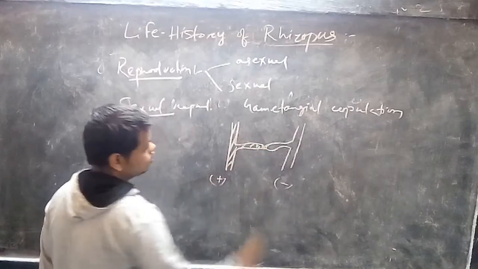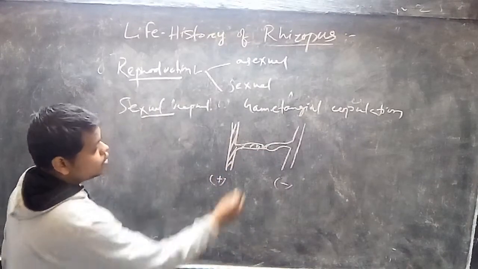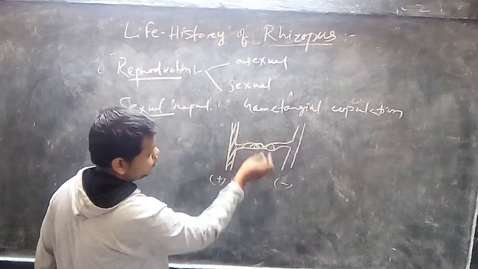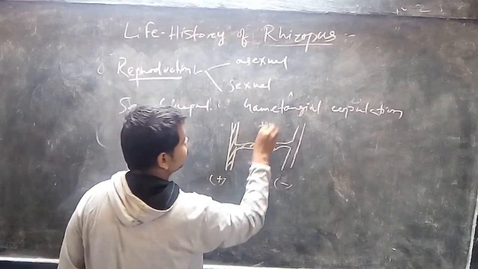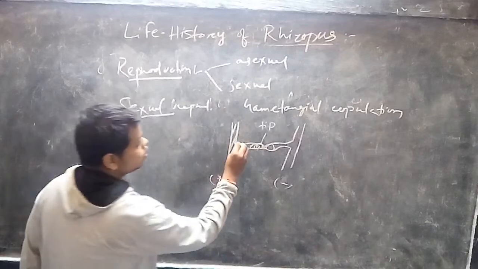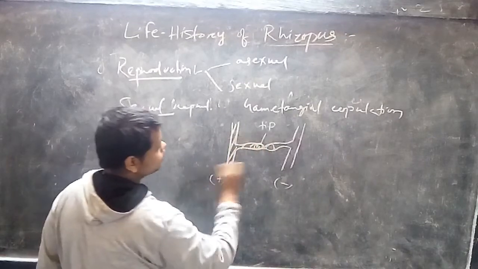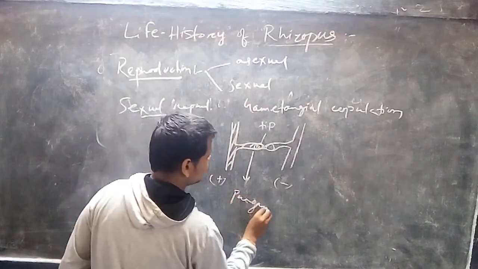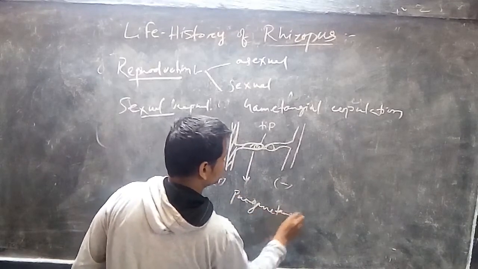After their contact, the part which comes in contact, or the tip, is this part. This growing part is called the progametangia.